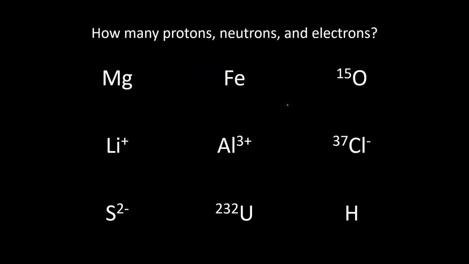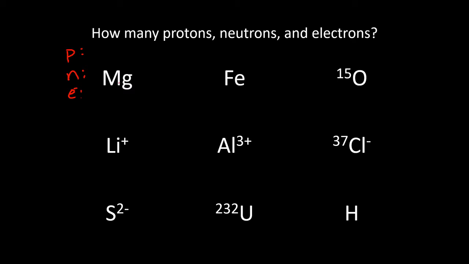Okay, so let's look at a few examples here. I'm going to walk through a few of them with you, and then I'll have you pause the video and do some on your own. So the first one here, we have magnesium. And for each of these, if the mass number isn't given, we're going to assume it's the same as the mass number on the periodic table.